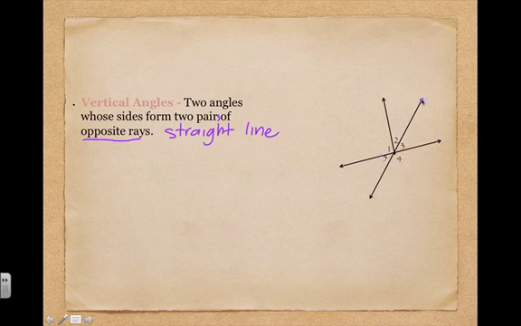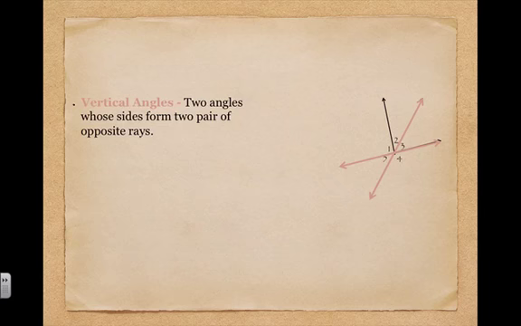So we have one pair of opposite rays right here and one pair of opposite rays right here. Angle 3 and angle 5 are vertical angles. And I'll show that here with the coloring. So vertical angles are going to be formed by the intersection of two lines, and they are going to be the angles that are opposite of each other. Angle 3 and angle 5 are vertical angles.